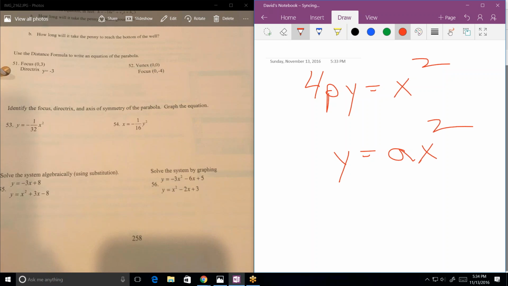The second one. Okay, and if you've learned the second one, then you have to know how to convert A to P. A is equal to 1 divided by 4P.